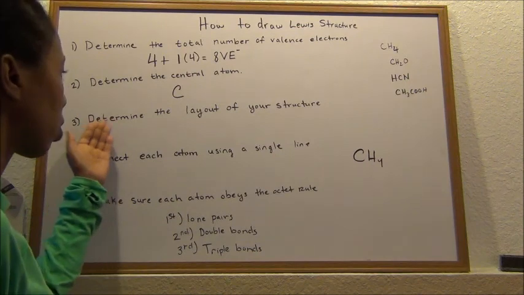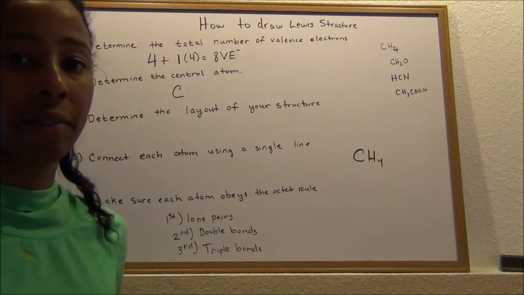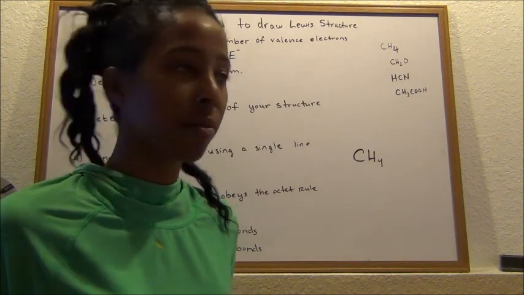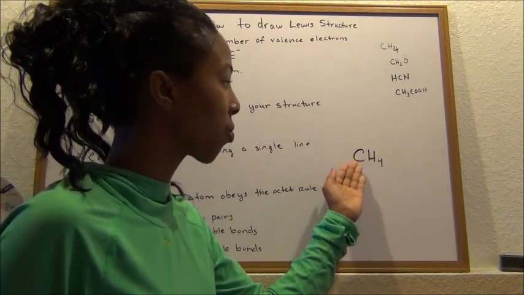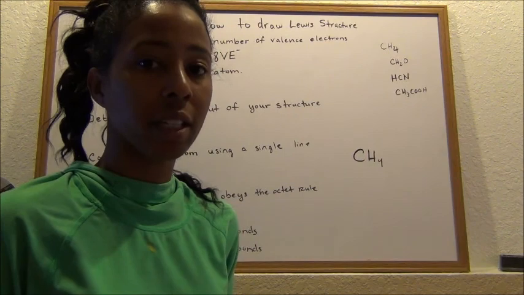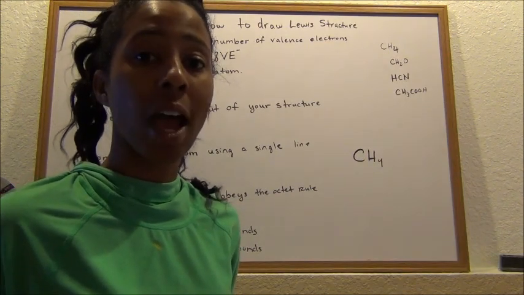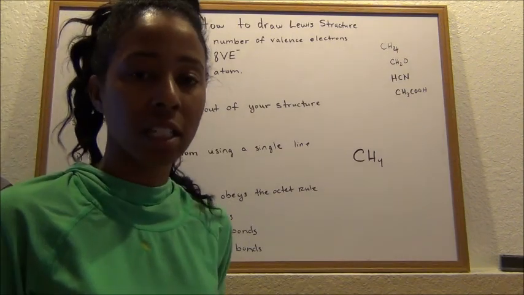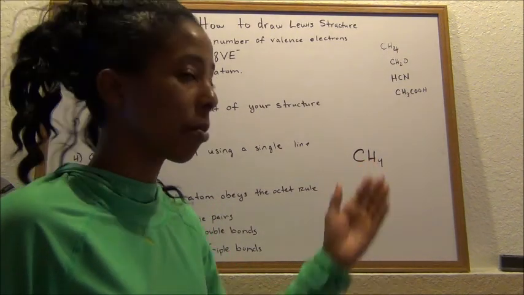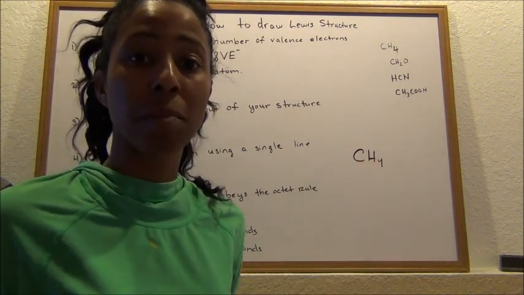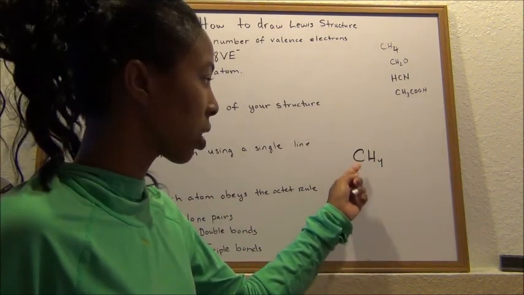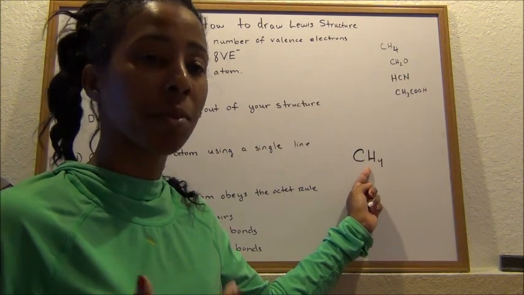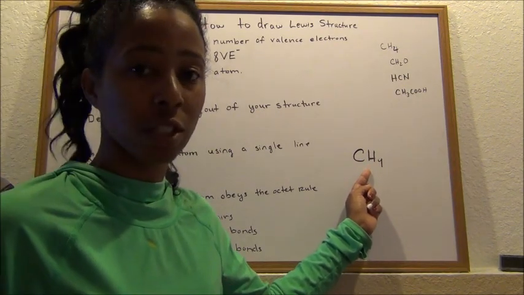Now the next thing we're going to do is determine the layout of our structure. And generally, how the condensed form of the structure is written tells you how it's drawn. Meaning that the atoms that are next to each other in the formula will usually be bonded together. So since carbon is next to 4 hydrogens, then carbon must be bonded to these 4 hydrogens.